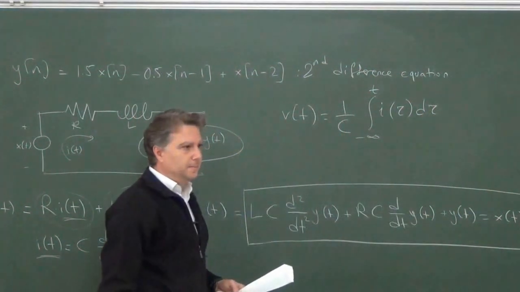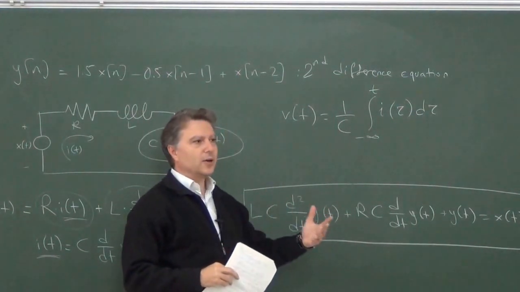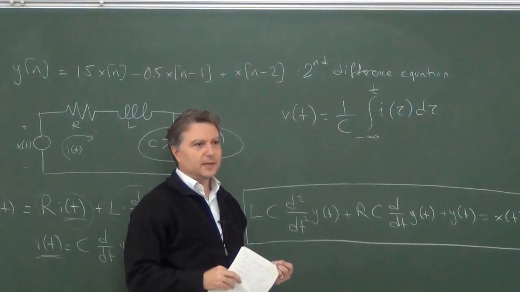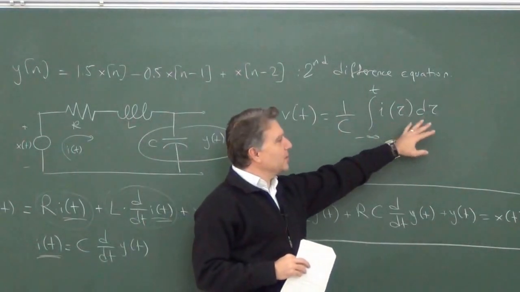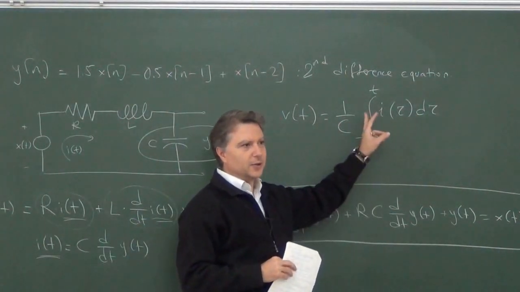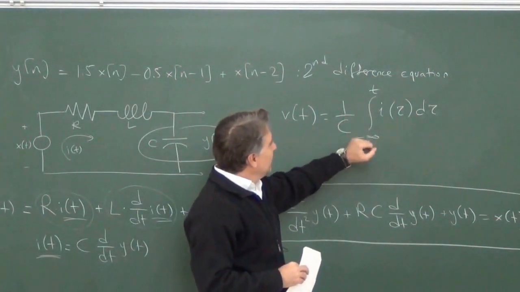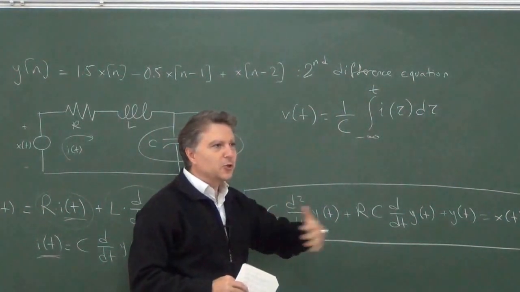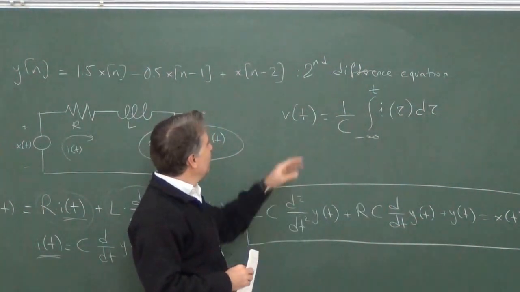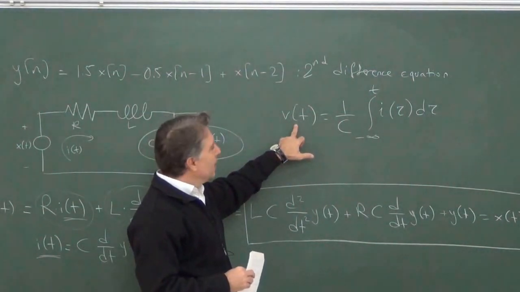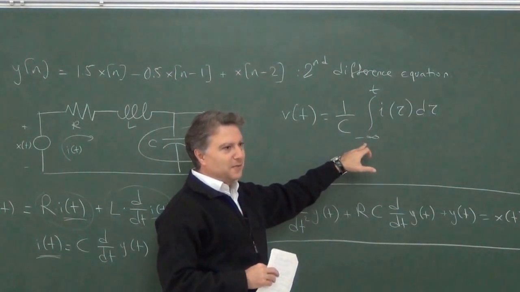Now I want to use tau here because you should become familiar with this Greek letter tau. I usually substitute t with tau as an auxiliary variable, not lambda. Lambda is also possible, but this is more classical, and in the book you will mostly encounter tau. So from minus infinity to t, all the currents must be accumulated to find the voltage. Of course, you usually don't know from minus infinity.